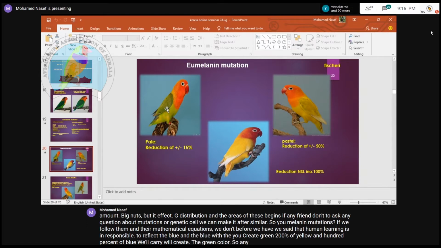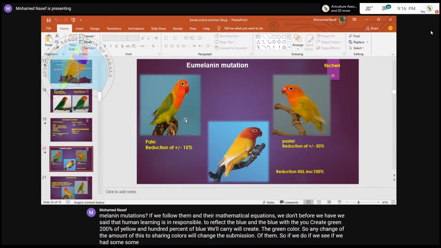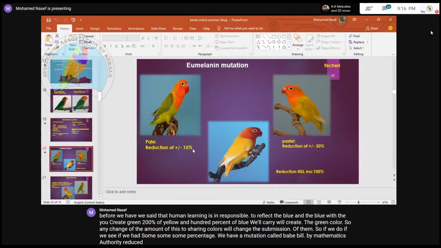So any change of the amount of these two sharing colors will change the summation of them. So if we had some percentage, we have a mutation called Pale. Pale, by mathematics, reduces about 15% of eumelanin.